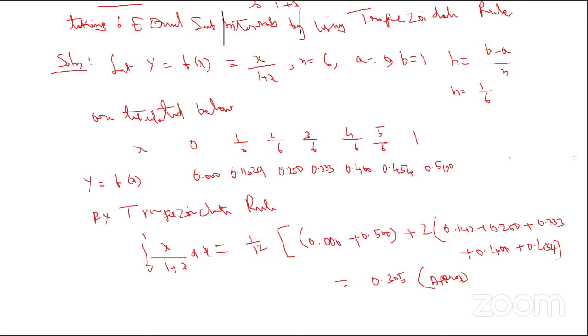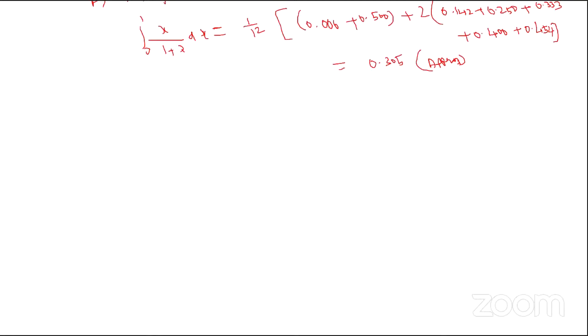Also, if you put n equal to 2 in Newton's quadrature formula, you will get Simpson's one-third rule. Do it yourself, take it as homework.